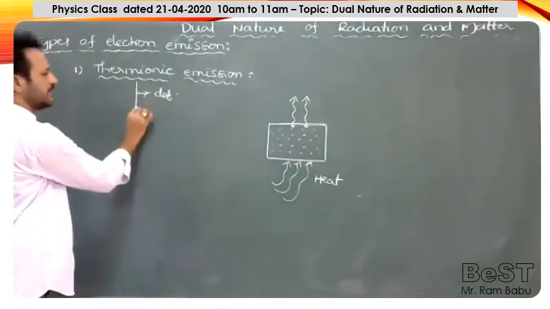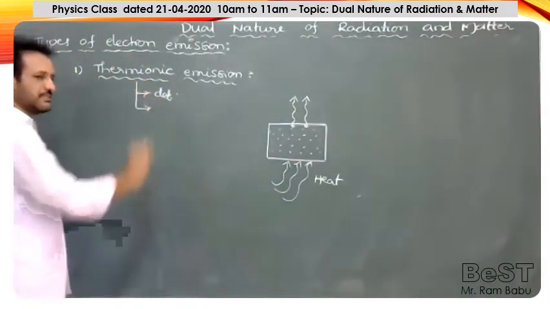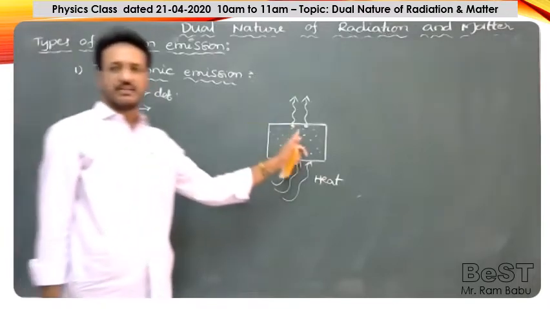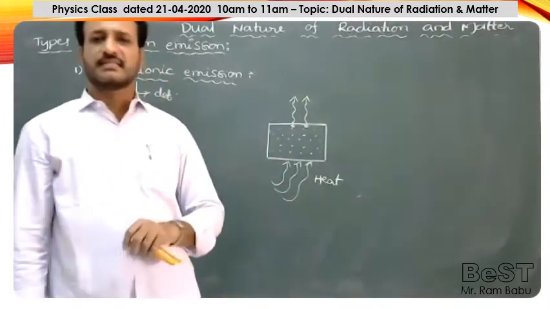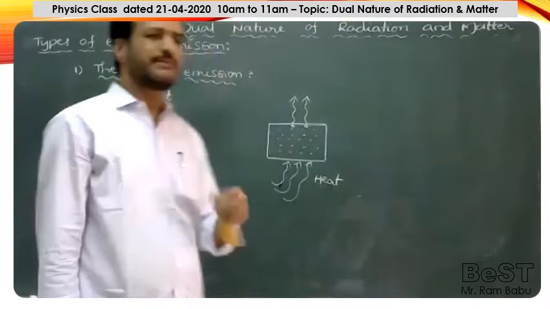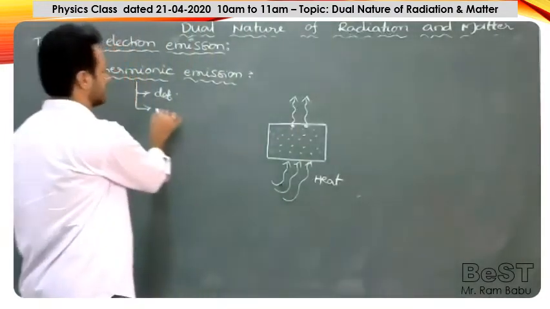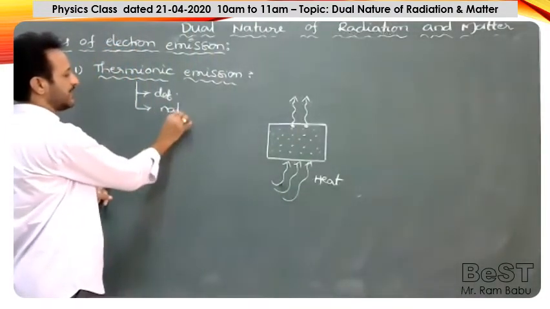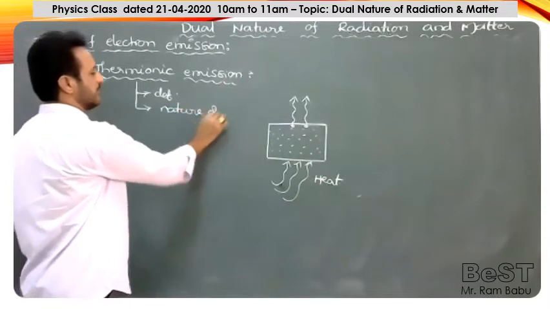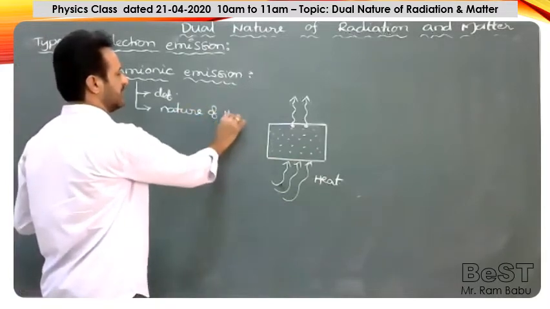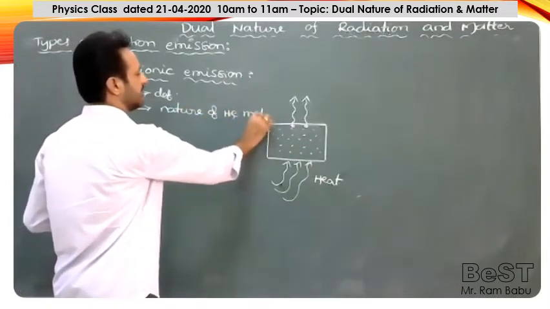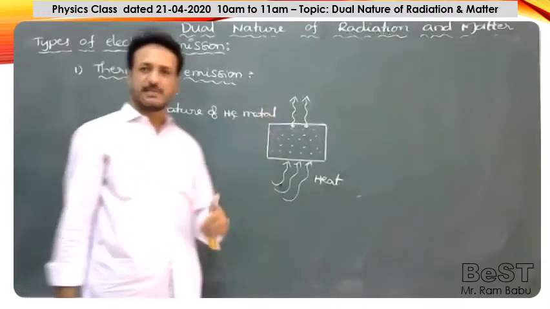On what factors does thermionic emission depend? First, the nature of the metal. All metals may not require the same amount of heat energy; different metals may require different heat energy. So we can write nature of the metal, like silver, copper, gold, iron.